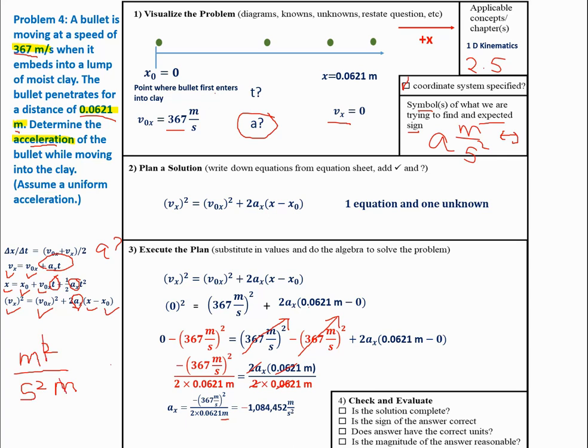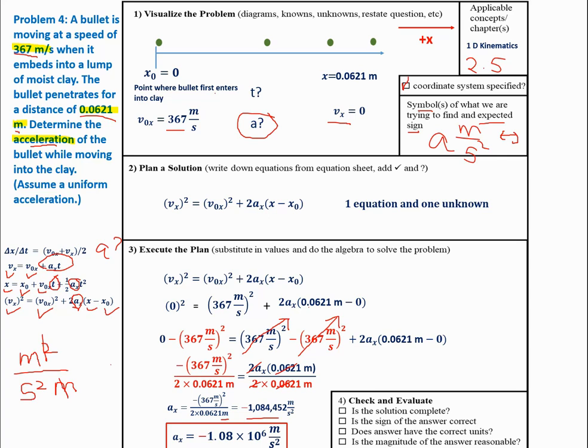You can cancel out meters with meters, and you're left with meters per second squared. That's how you get the unit for the acceleration. And this is the standard form. I'm going to give the answer in scientific notation, rounded to 3 significant figures: negative 1.08 times 10 to the power 6 meters per second squared.